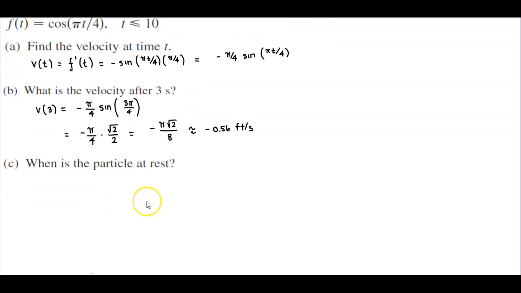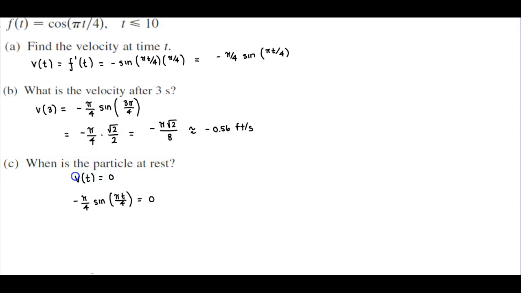So when is this particle at rest? Well, it's at rest when we let the velocity function v of t equal 0. And that velocity function is negative pi over 4 times the sine of pi t over 4, and that's equal to 0.